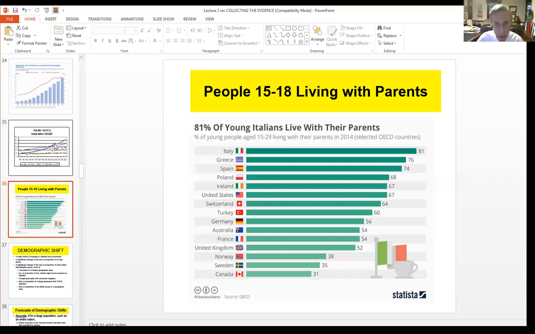That's a market segment too, but that market segment of people 15 to 18 in the United States is much different than the same age group in Canada, is it not? That's the importance here. That's the reason for showing this information. You've got to get this information before you can form a satisfactory marketing strategy.